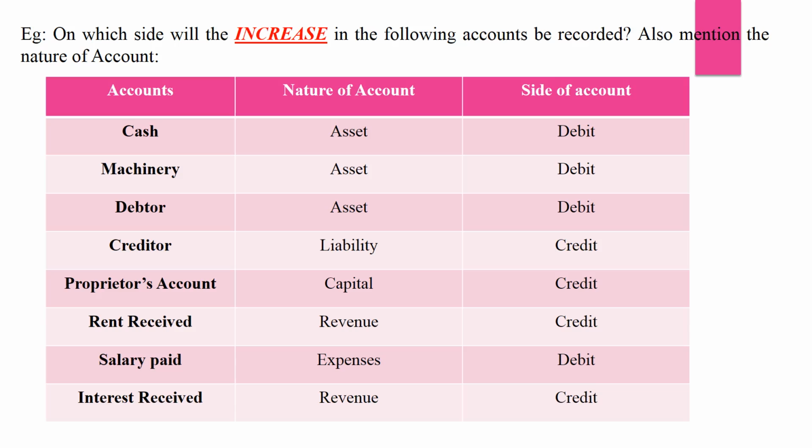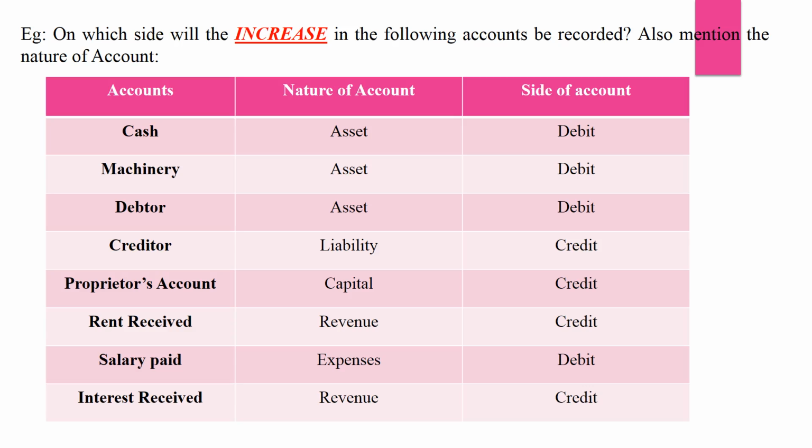Debtor is your asset and increase in the amount of debtor will be recorded on the debit side. Creditor is a liability for the firm and increase in liability will be recorded on the credit side.